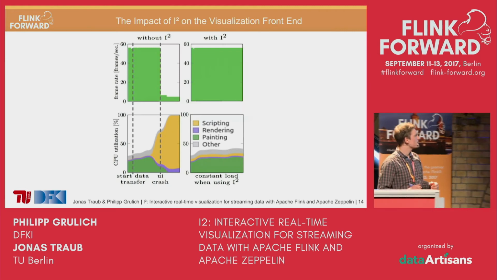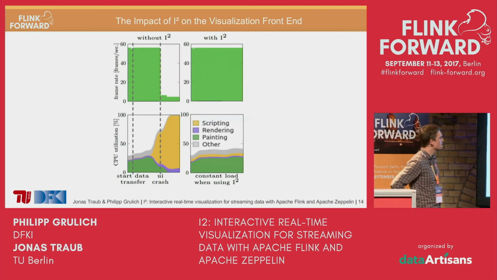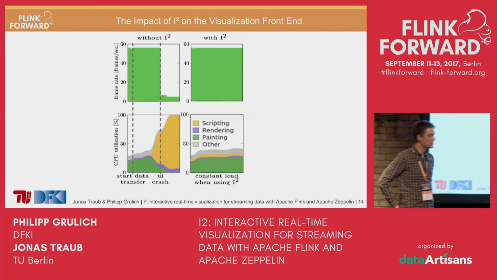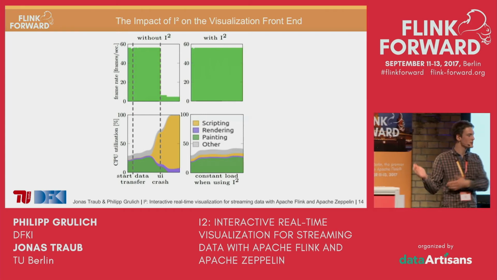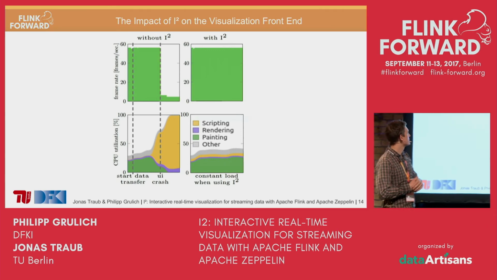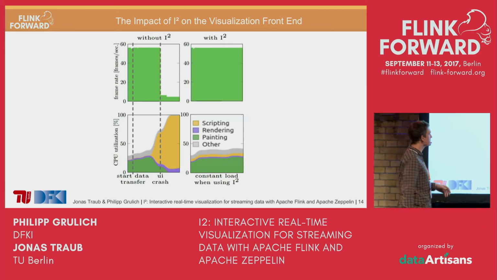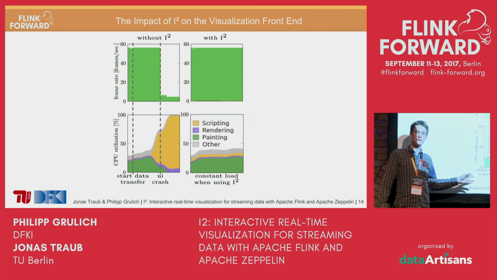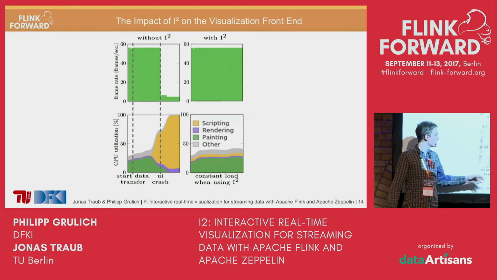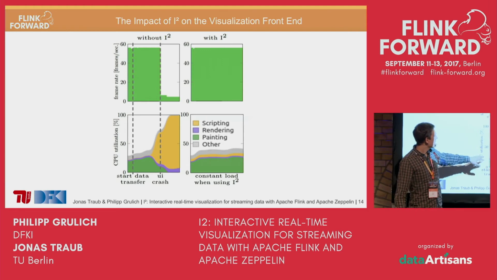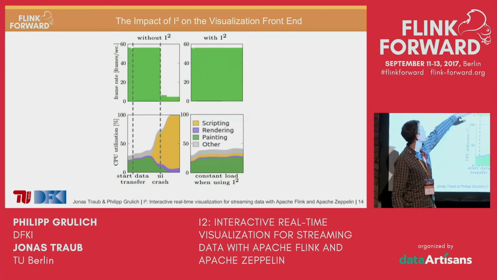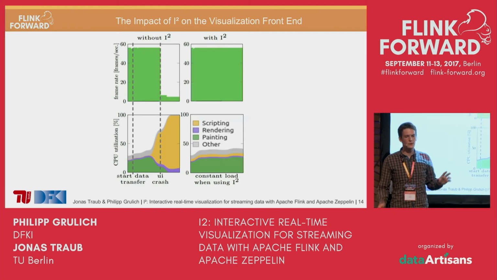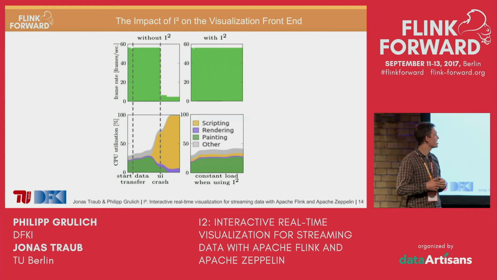So, to wrap this up, let me briefly show you how the dashboard performs with using I2, so what Philipp just showed you, and without. And what you can see here is without I2, we start the data transfer in the beginning, then the UI is able to keep up with the processing for a certain time, so we stay close to the 60 frames per second which the screen can provide us.